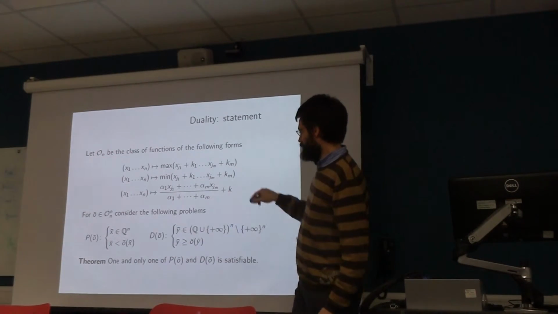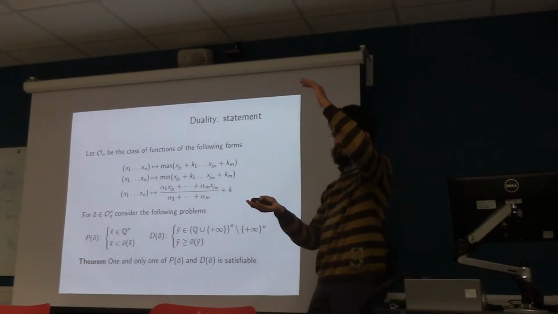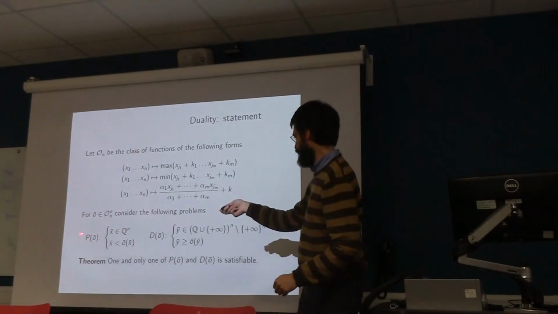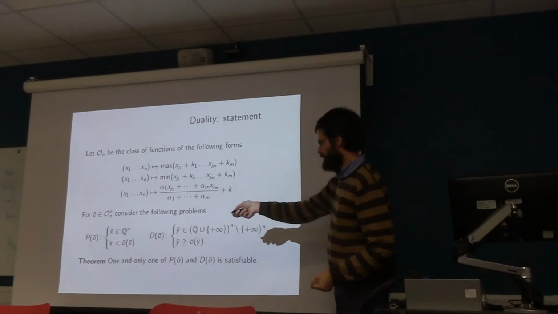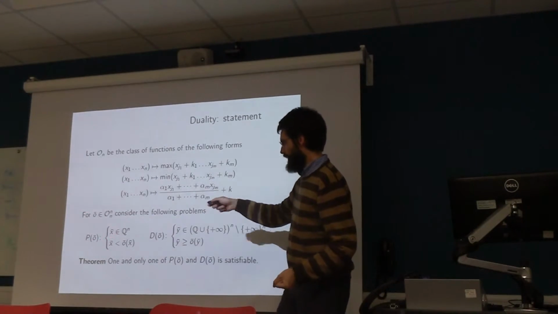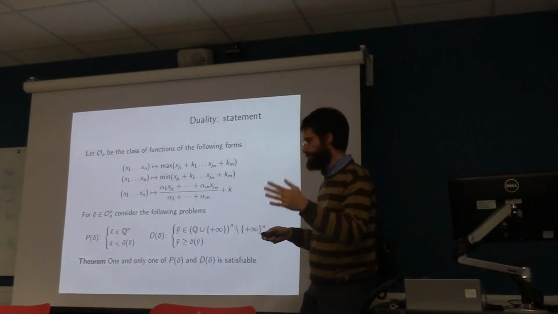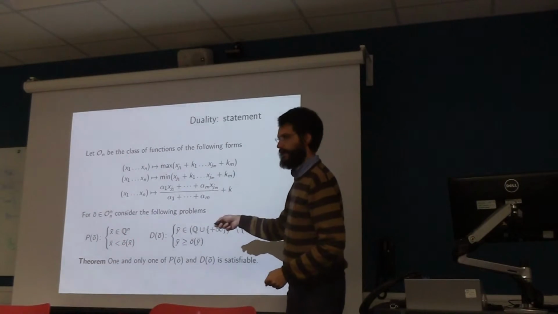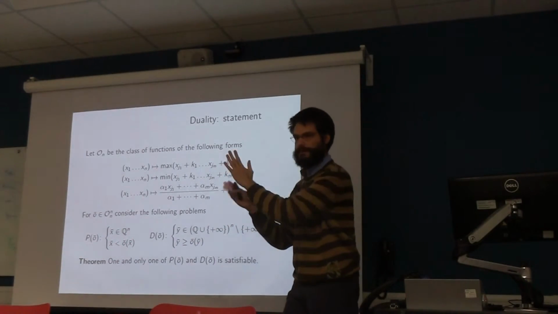We have the class of these functions, and we consider a vector of these functions. So we have n of these functions, and we want to solve a problem of this form. Find a vector x such that x is component-wise smaller than this vector of functions applied to x.